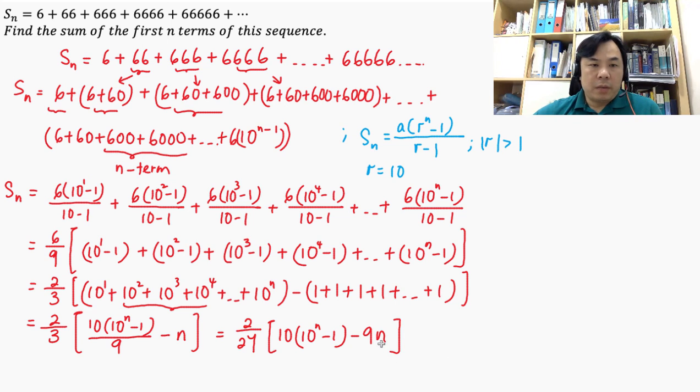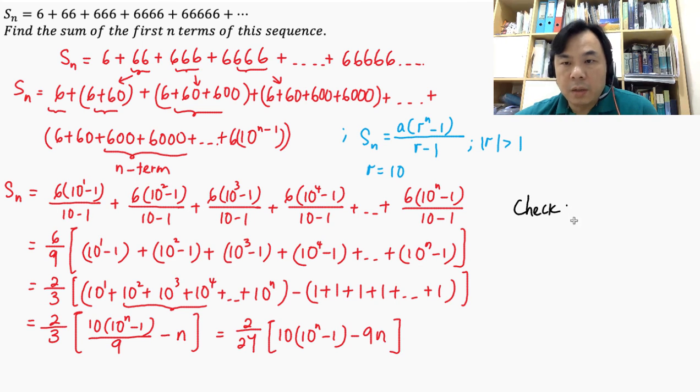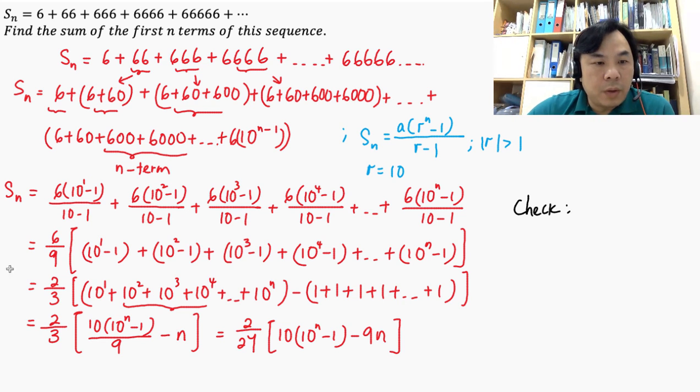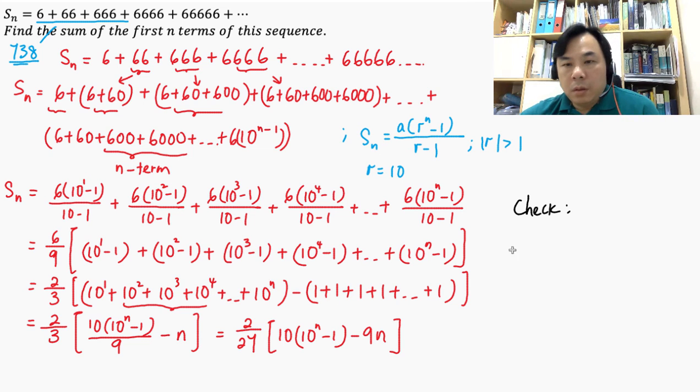Now, if you would like to check, for checking purpose, I always like to check in this case to see whether my n term is correctly evaluated. So take for instance, if I'm interested to evaluate the first 3 terms here, which if we add this up is 738. So if I wish to sum up my first 3 terms, which is this, that should yield 738.